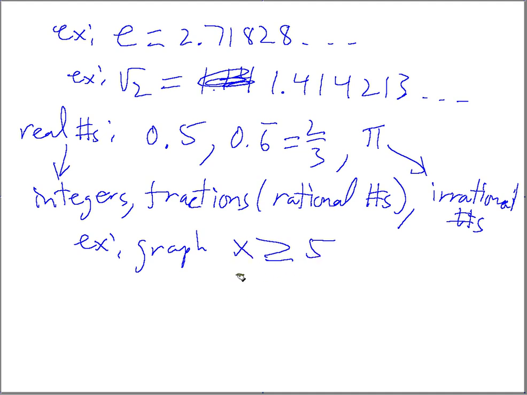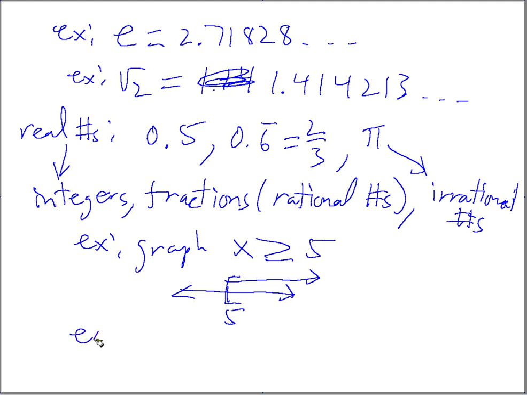We did that already in the previous math class. Basically, you simply include the 5, since we have the equal sign, and to include it means we use a bracket. The bracket goes on 5 and the arrow goes to the right, because everything to the right of 5 is bigger than 5. So let's recall how to graph sets of real numbers this way.